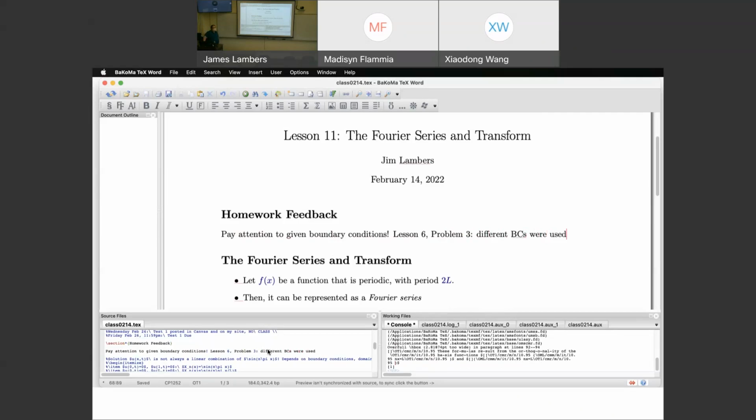Again, not everybody's turned that homework in, so there's a limit to what I can say now, but I think the majority of the ones that I graded were applying a different boundary condition to what was written in the problem. Which boundary condition was used in its place varied from student to student, but the point is it didn't match what was actually given.